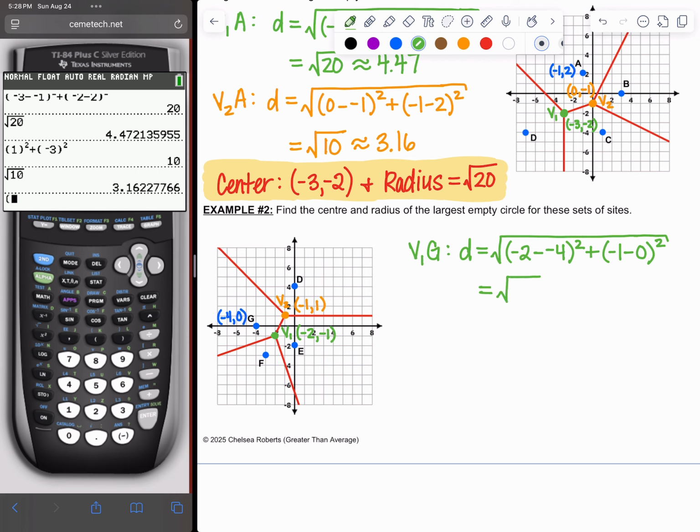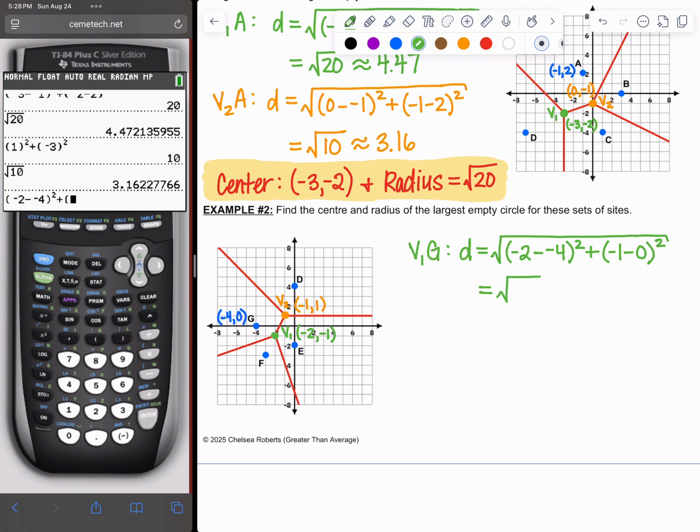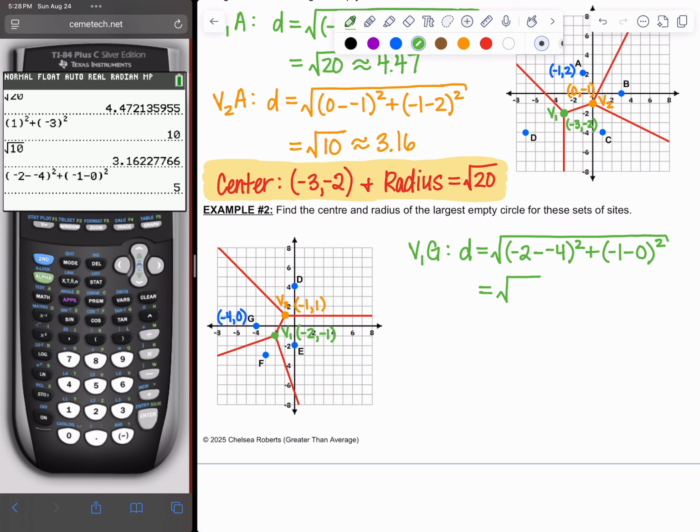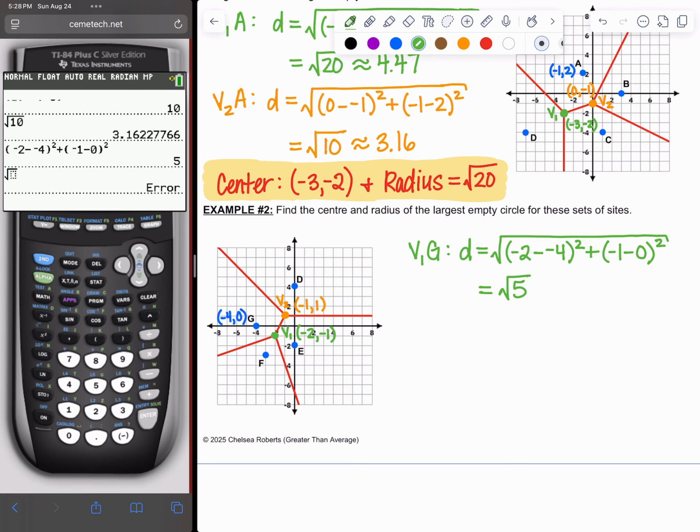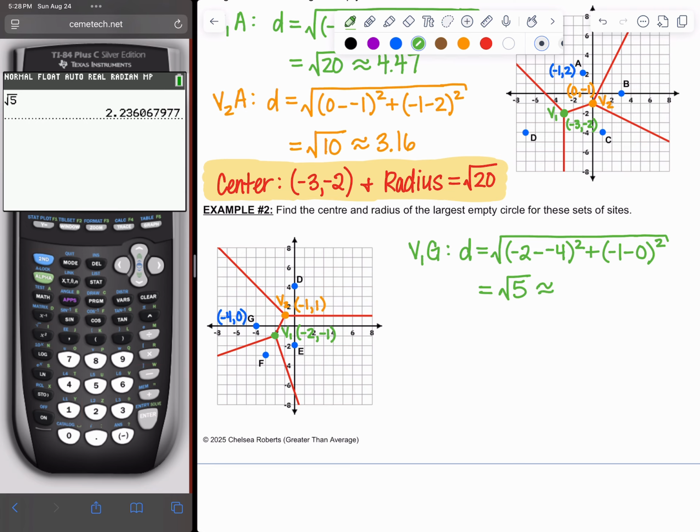All right. So we know that -2 minus -4 squared plus -1 minus 0 squared is 5. So this is going to be the square root of 5. And the square root of 5 is approximately 2.24 in 3 sig figs.